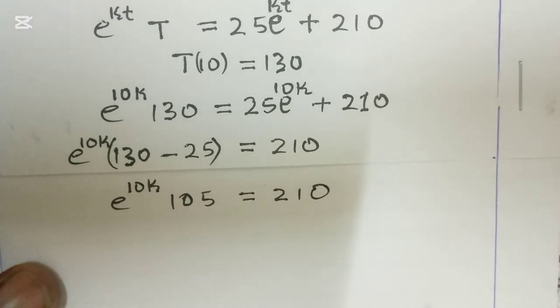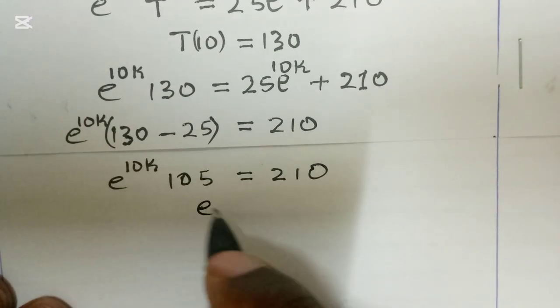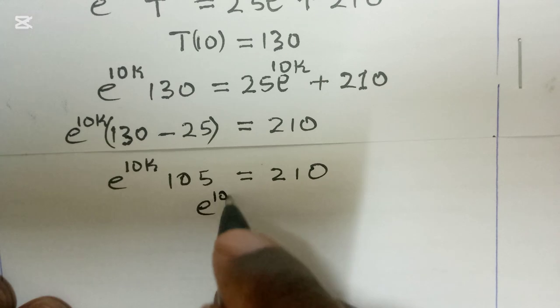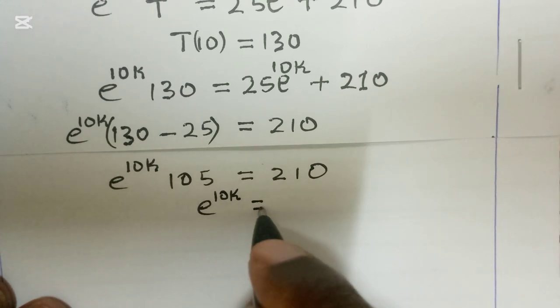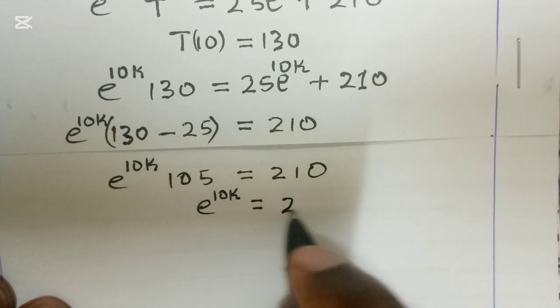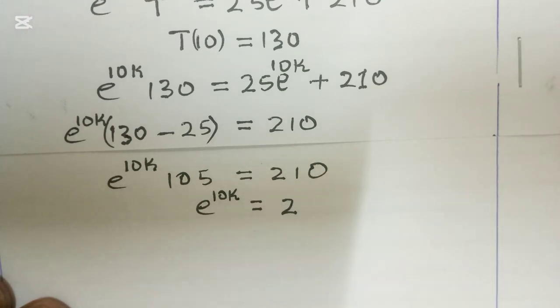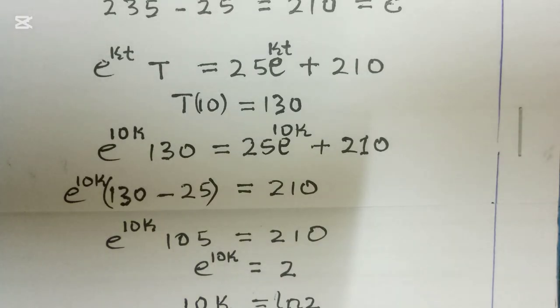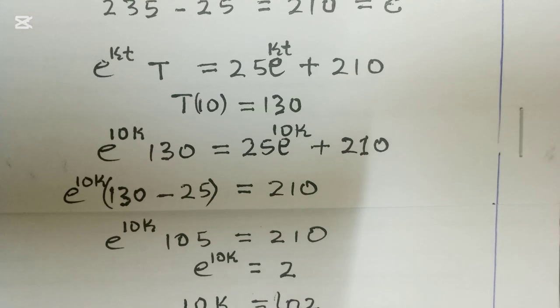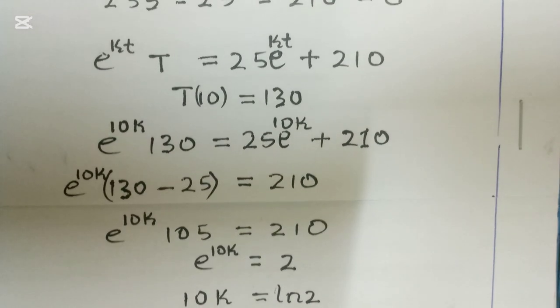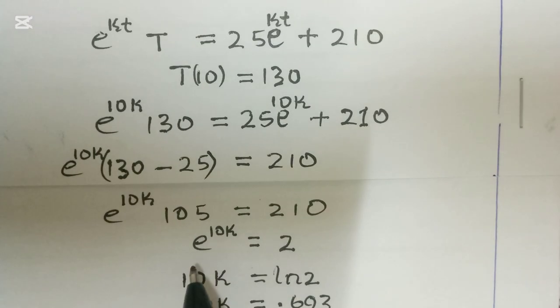And so e raised to 10k is equal to 2, because when you bring 105 here, it cancels, and we are left with 2. To save time, I've already done it for you, but let me just explain it. So we have found that e raised to 10k is equal to 2.